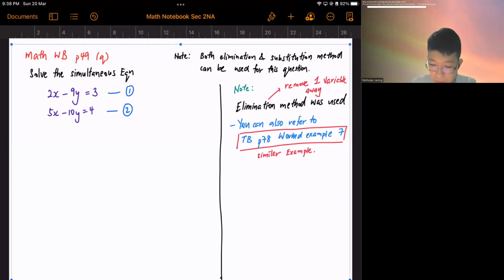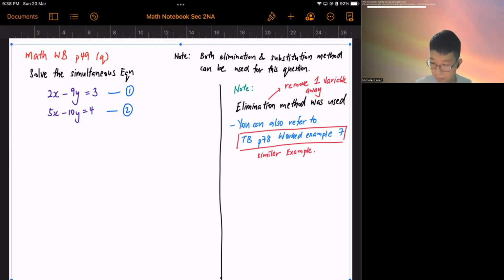In order for us to use the elimination method, the coefficient of x or y must be the same in order for it to be eliminated. In this case, the numbers beside x and y are not the same, so you need to multiply by a number to make them the same.